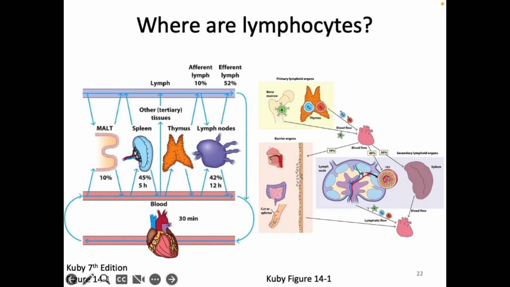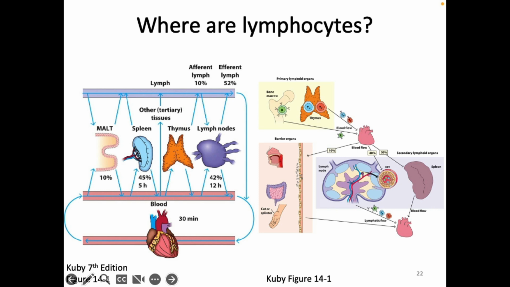But you can also see some interesting information about timing here. If the cell heads to the spleen, it's usually in the spleen for maybe 5 hours. And that's honestly if it's not going to make a response. It's going to go to the spleen and look for antigen. If it starts to actually find antigen and do something in the spleen, it's going to be there a whole lot longer than 5 hours. It's going to be there for days.